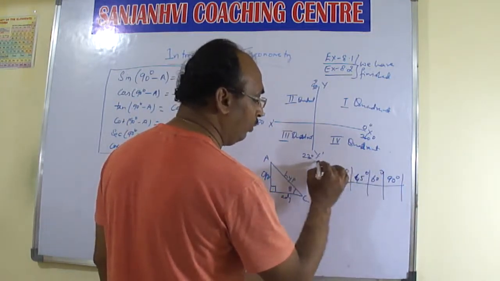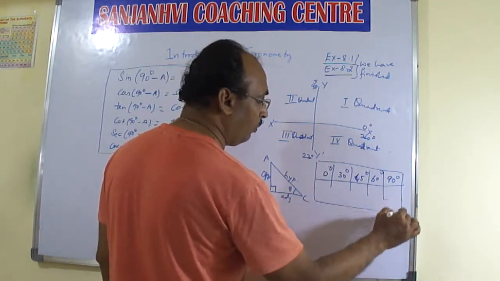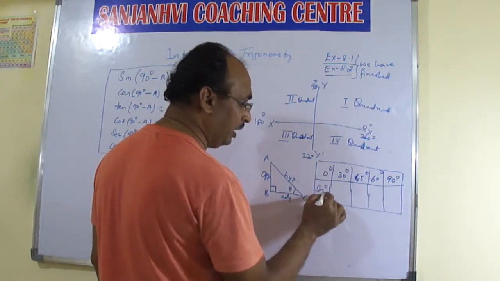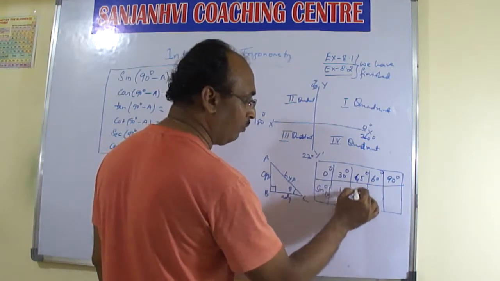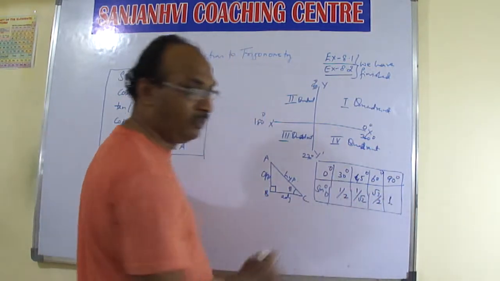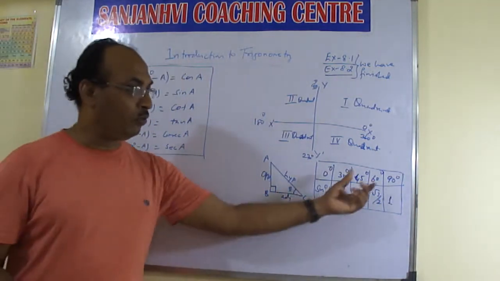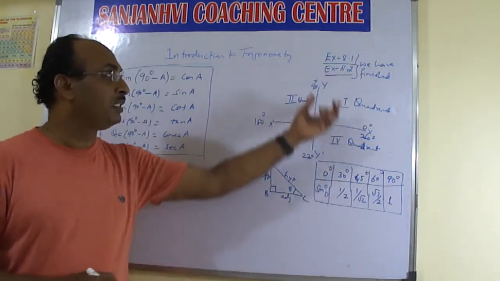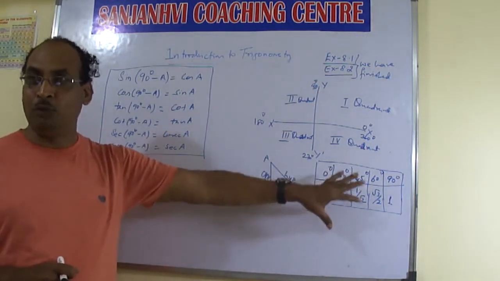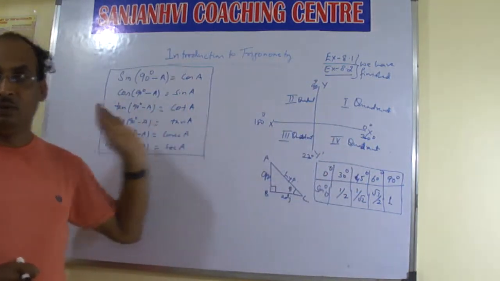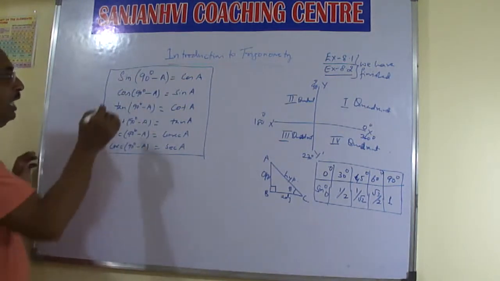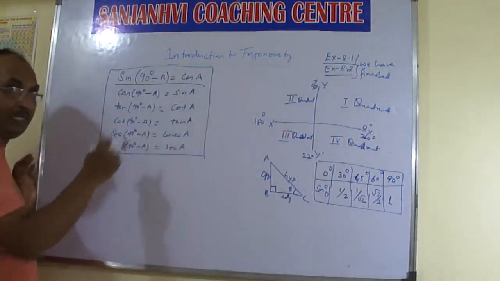We found all the trigonometric values, that is sin 0 degree is 0, sin 30 degree is 1 by 2, sin 45 degree is 1 by root 2, sin 60 degree is root 3 by 2, and sin 90 degree is 1. Like this, we found values from 0 degree to 90 degree for all trigonometric functions in 8.2, and we solved questions based on directly putting the value of the angles. In your exercise 8.3, we will be utilizing complementary angles.